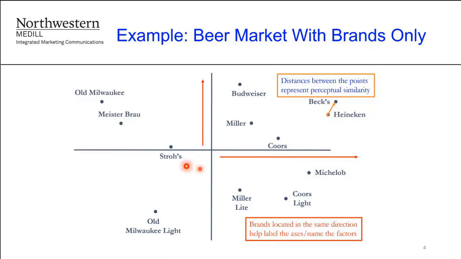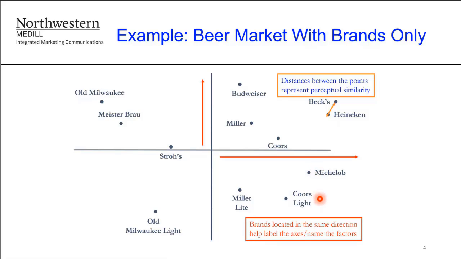So maybe the x-axis, this dimension, is the body of the beer. I'm not sure, but if you know more about beer, you may name the factors better than I do, okay?